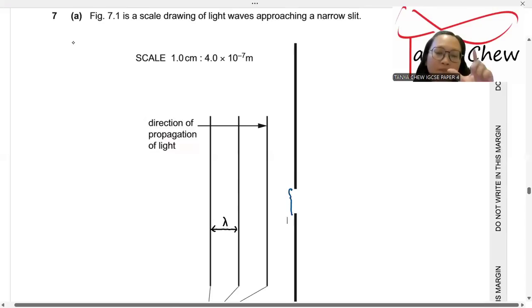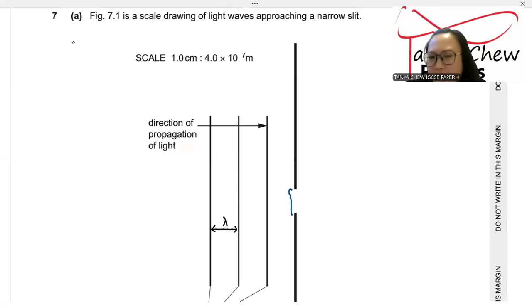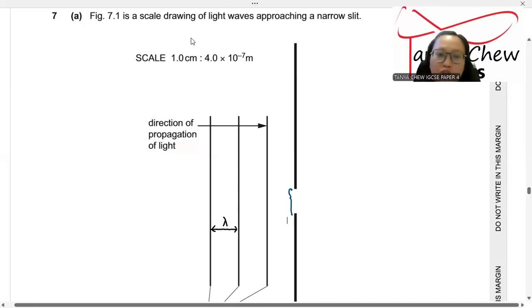If the size of the slit is similar, not much of the big differences here between the narrow slit and the wavelength, then greatest diffraction has to occur. That means the wave will undergo a large diffraction.